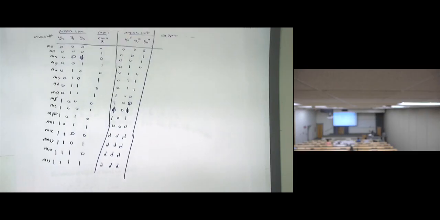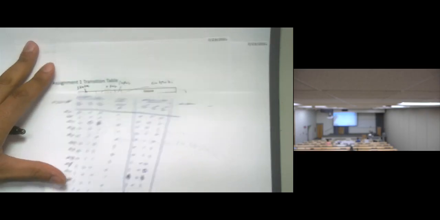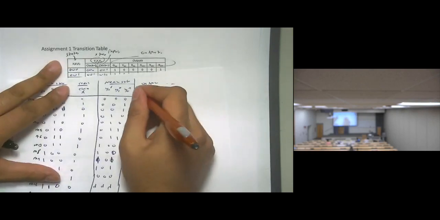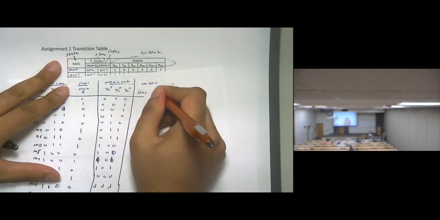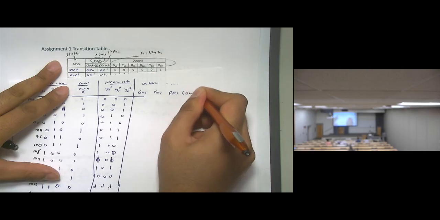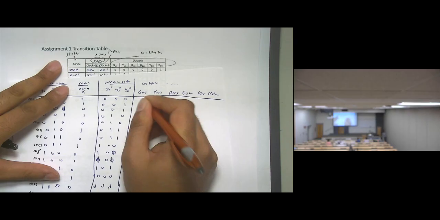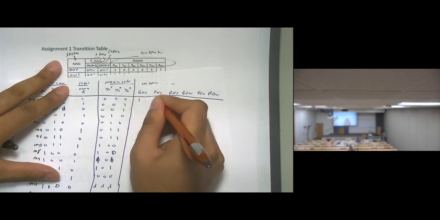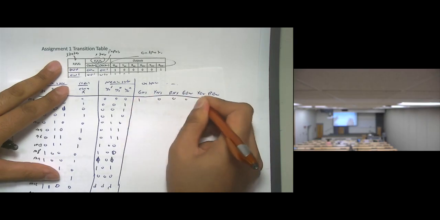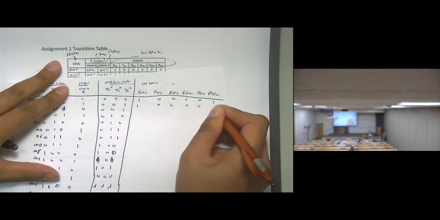Okay? How about the outputs? GNS, YNS, RNS, GEW, YEW, RNW. So it's going to be here 1 0 0 0 0 1, and here 1 0 0 0 0 1.